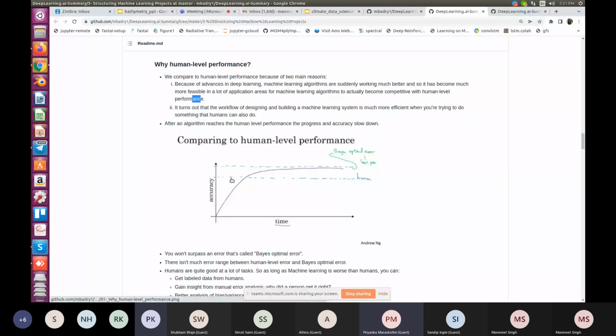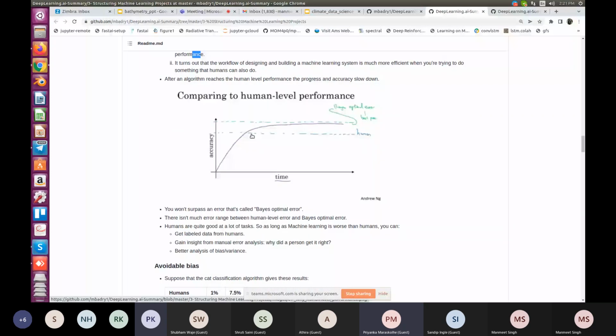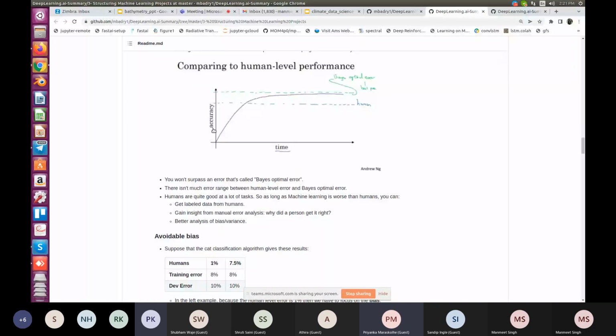So you can see here, the blue line is the accuracy of humans, for example, in finding out whether the image has a cat or not, and the purple is our machine learning algorithm. And he says that you won't surpass an error that is also known as the Bayes optimal error.